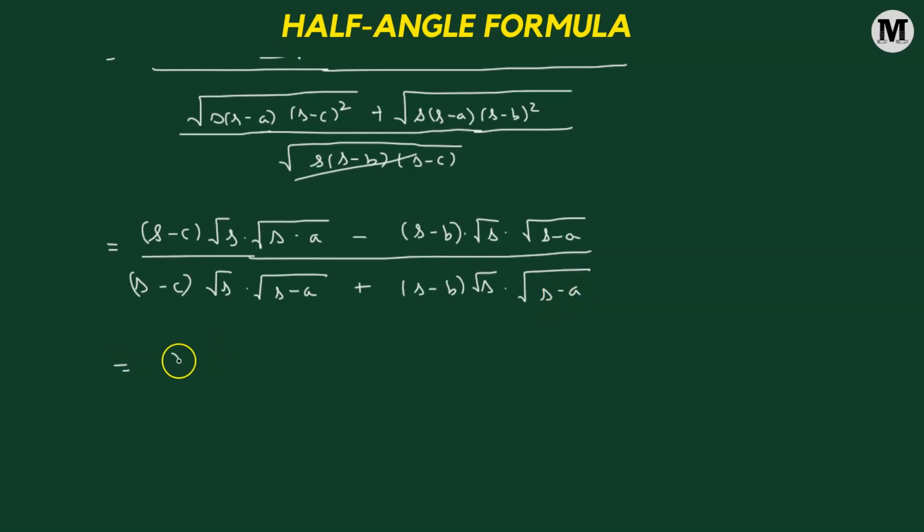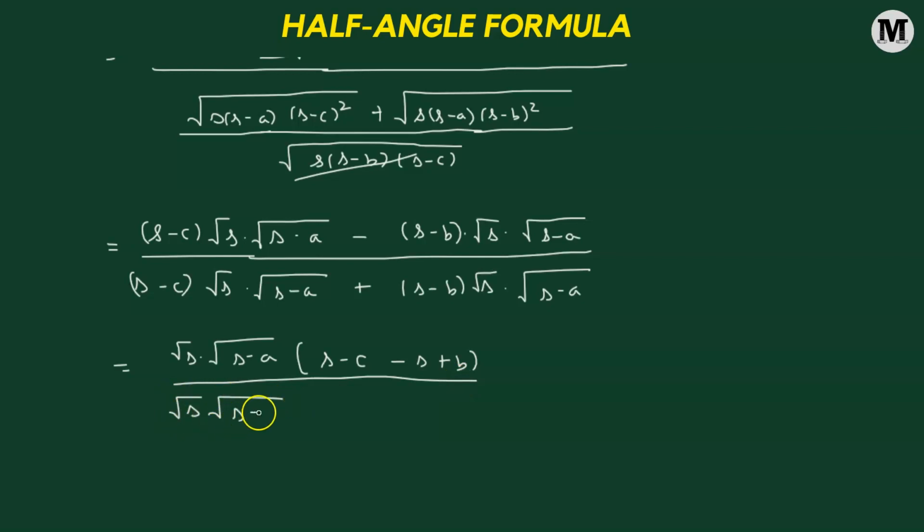Now in the numerator, we can take the square root of s times the square root of s minus a as the common factor. This gets multiplied to (s minus c) minus (s minus b), divided by, in the denominator, the square root of s times the square root of s minus a, times (s minus c) added to (s minus b).